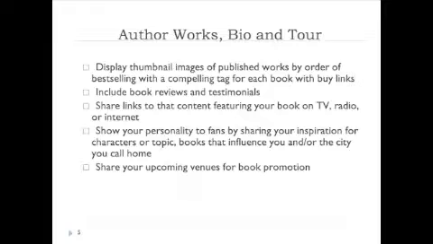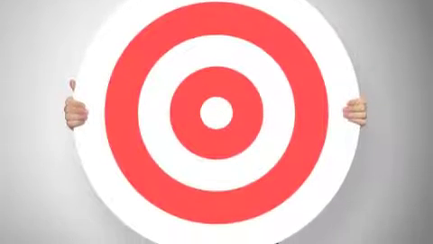If you choose a venue that's related to the theme of your book, there's a very good chance that you're going to meet your fans there, because the people who buy your book are interested in the very topic that you wrote about. So this gives you a way to target your fans.